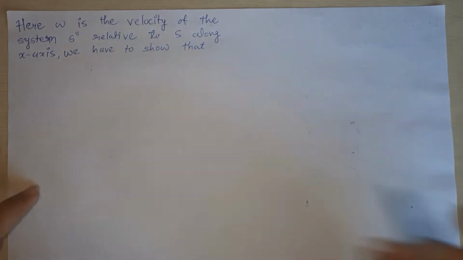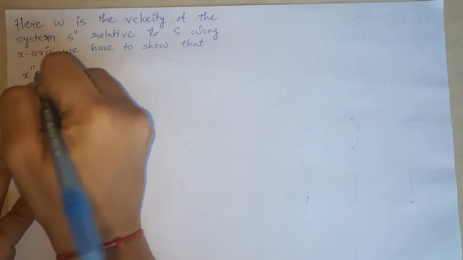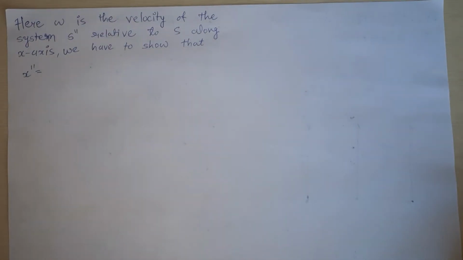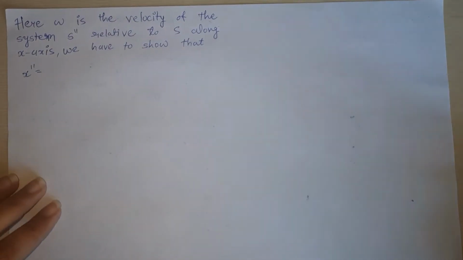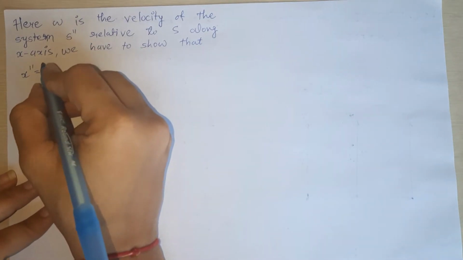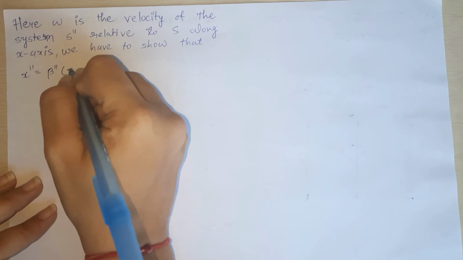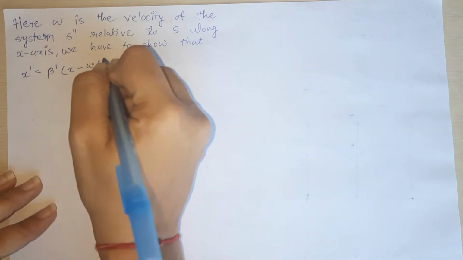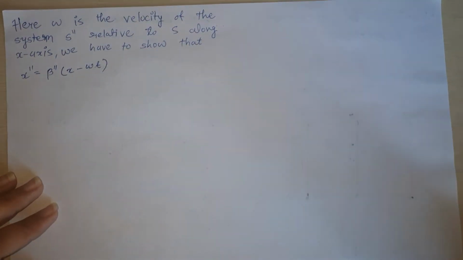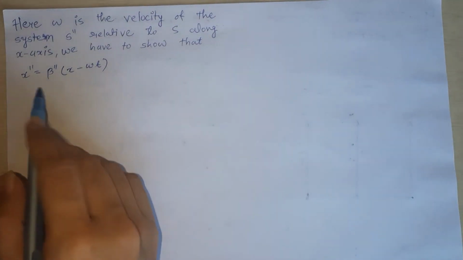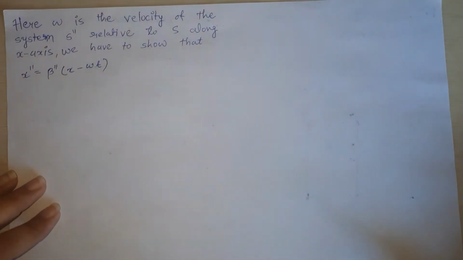So we have to prove that x double dash, that is the coordinates of the S double dash frame, can be written in the form of the S frame. That is, x double dash can be given by beta double dash into x minus W t. In equation 2 we wrote x double dash in terms of x dash and t dash, and here we have given the formula with x and t.